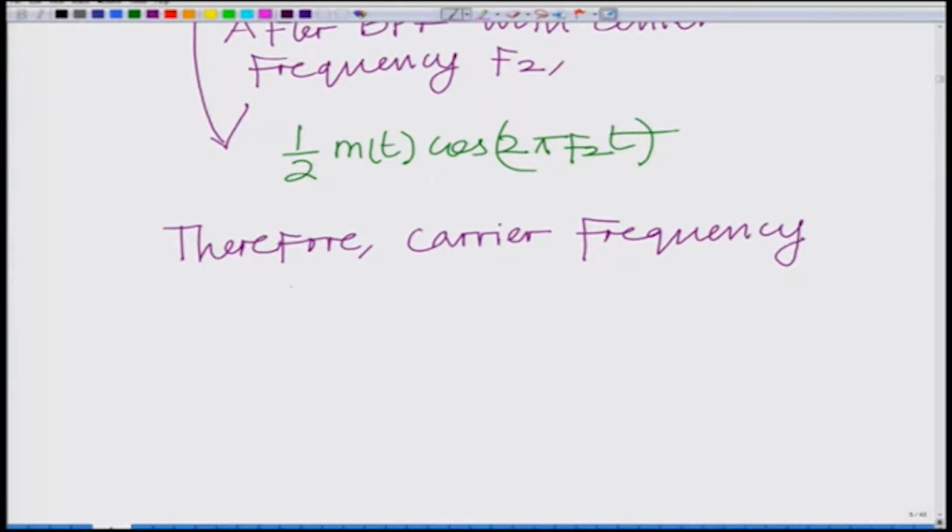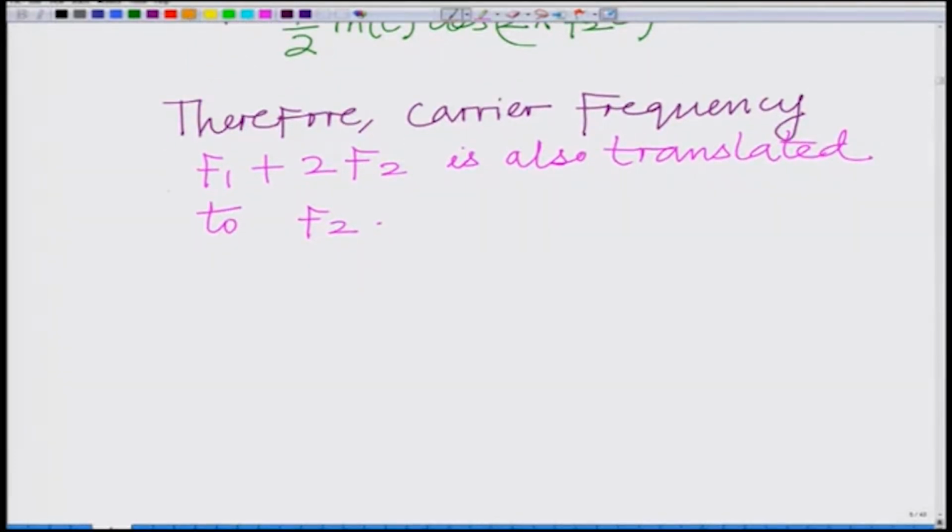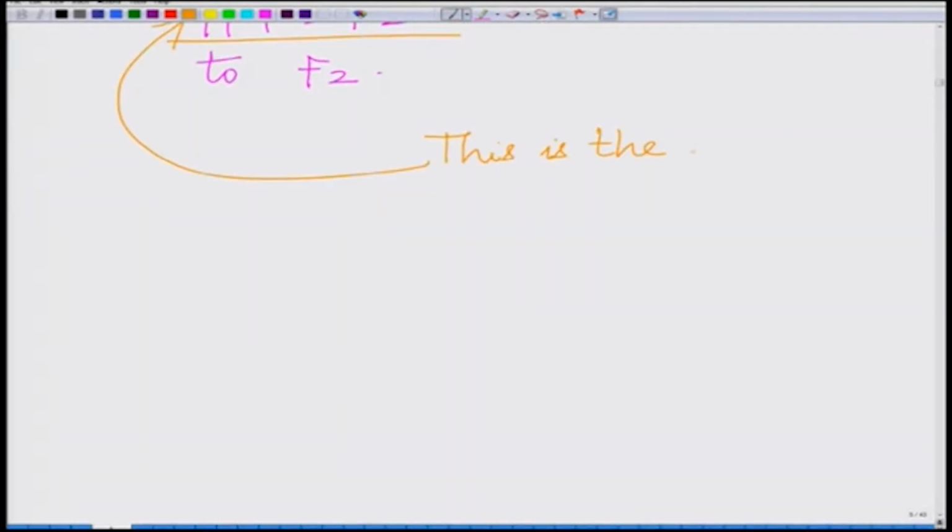So, the carrier frequency f1 plus 2 f2 is also translated to f2, and this f1 plus 2 f2 is termed as the image frequency.